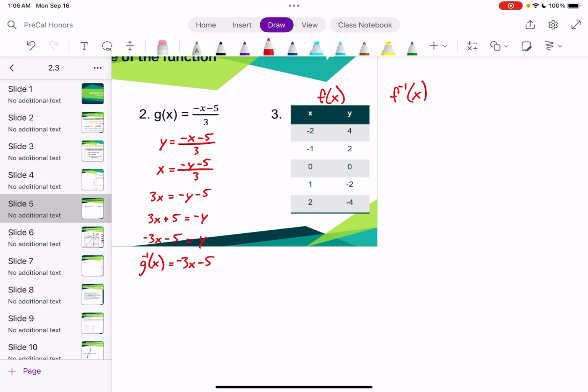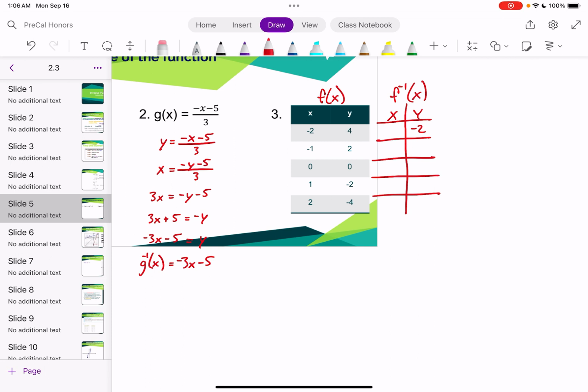So in this case, if we were to have our x and y on our table, the numbers would take the place of the other. So if x was negative 2, our y now would be negative 2.